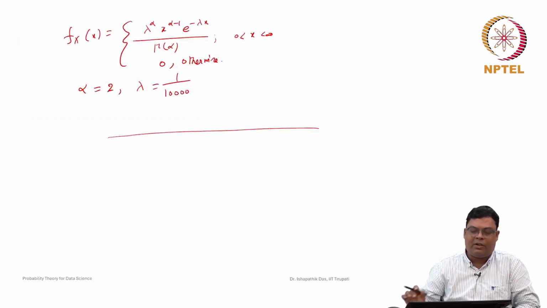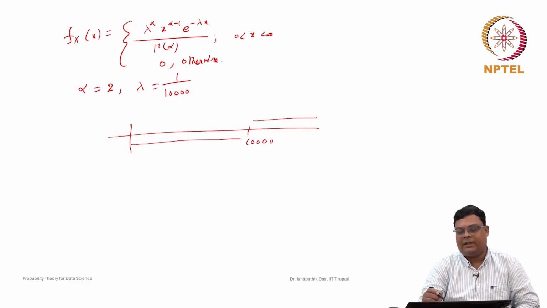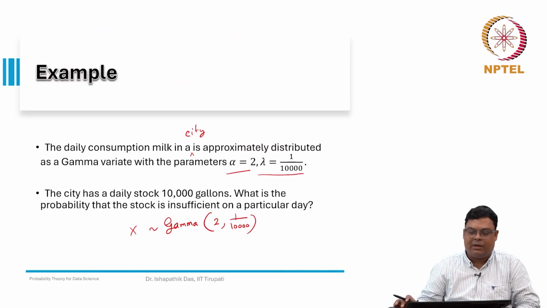If the milk consumption on a particular day is less than 10,000, then it will be sufficient, but whenever the milk consumption on a particular day exceeds 10,000, then it will be insufficient. So, that means we need the probability that X will be greater than 10,000.